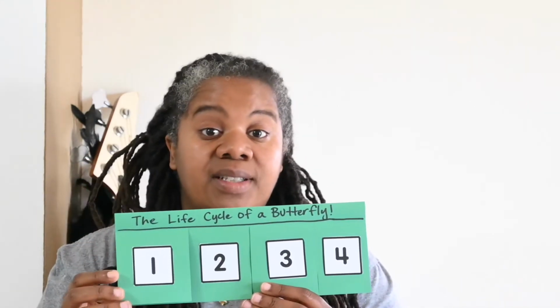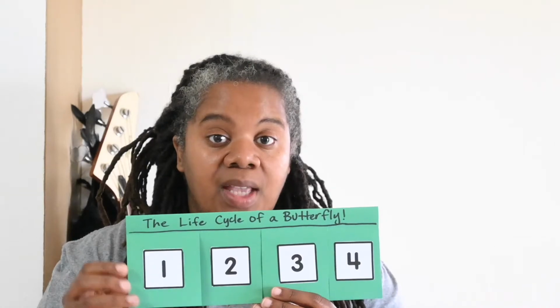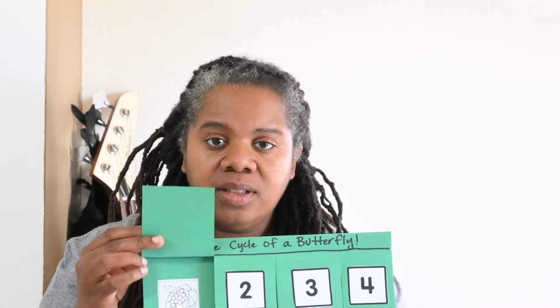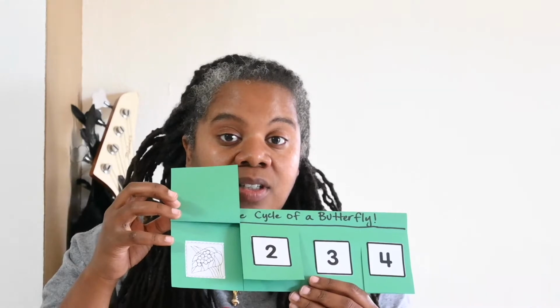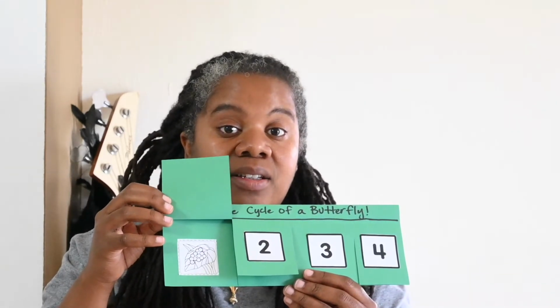Take some time and glue that down. After that is done, we're going to talk about the first step of the life cycle of a butterfly. The first one was the egg. So underneath that number 1 flap, you should be able to glue down your leaf with your egg.